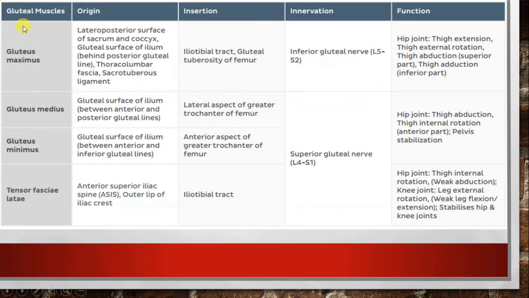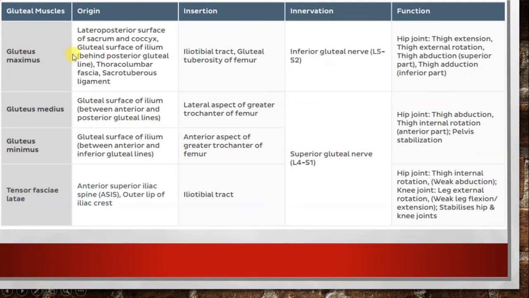So looking at the gluteus maximus, it is originating from the lateral posterior surface of the sacrum, coccyx, and gluteal surface of ilium, behind the posterior gluteal line. So in the region of the hip bones, we have seen there are three lines: anterior gluteal line, inferior gluteal line, and posterior gluteal line.